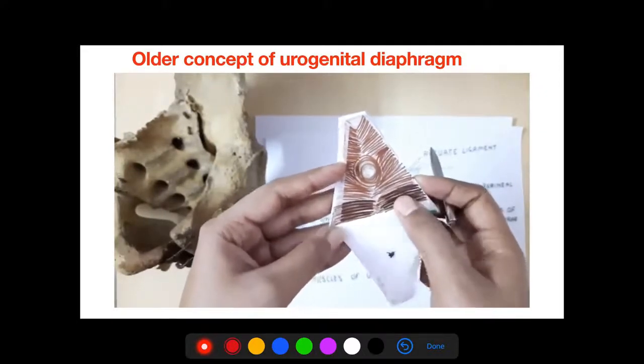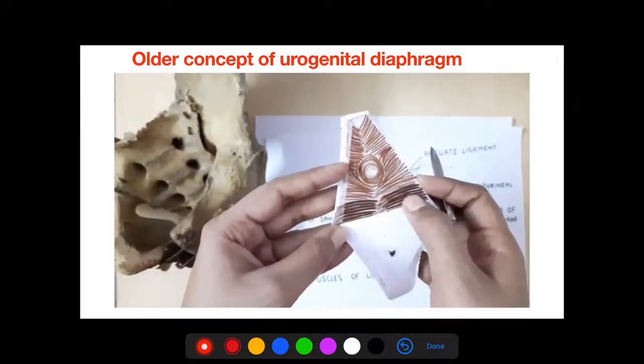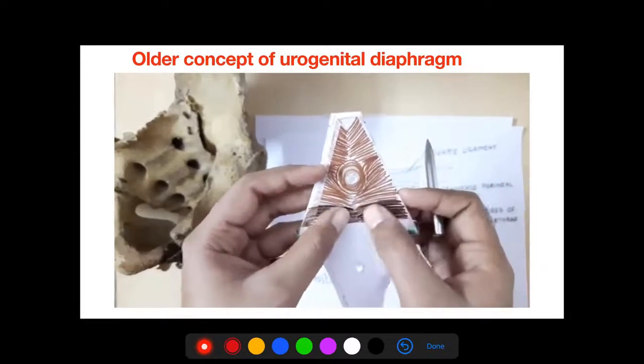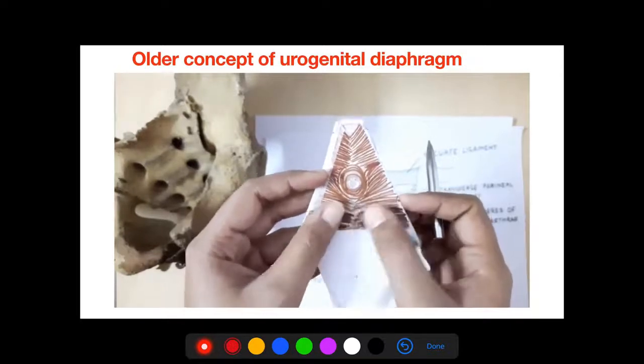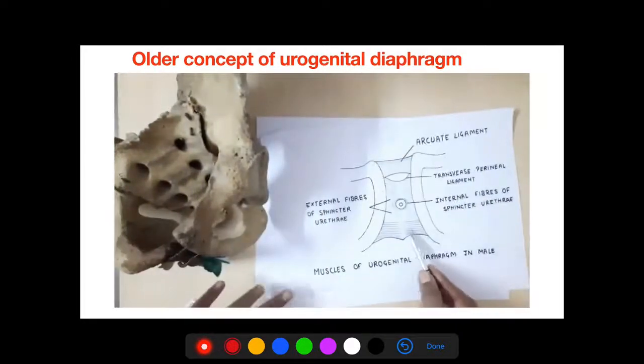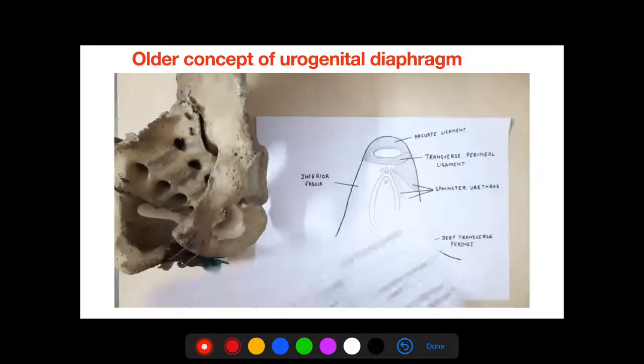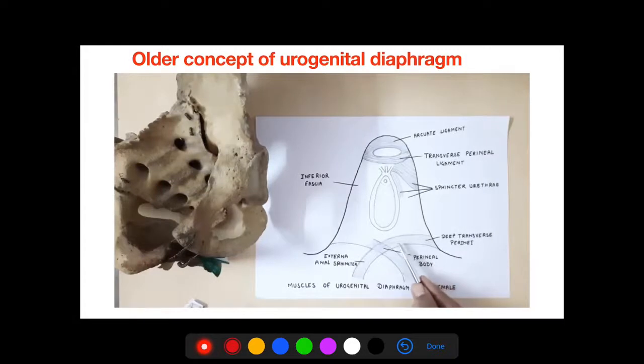This muscle originates from the ischial rami and runs towards the median line, where it interlaces at the tendinous raphe with its fellow of the opposite side in male, but in female it courses from the inferior ramus of ischium to the side of the vagina, meeting fibers from the opposite side. And the action of this muscle helps to fix the perineal body.